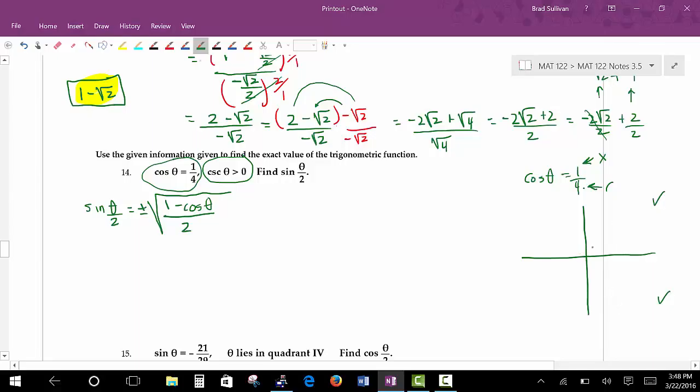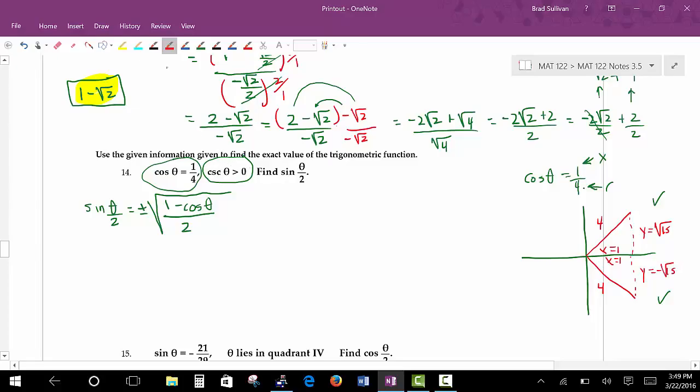So if you just looked at a reference triangle here to help you understand this, you could have an x value of 1, an r value of 4, and then a y value that would come from the Pythagorean Theorem. That would just be 16 minus 1, or that would be square root of 15. But you could also be in this quadrant, because you'd still have x equals 1, you'd still have r is 4, but now y would be negative root 15.